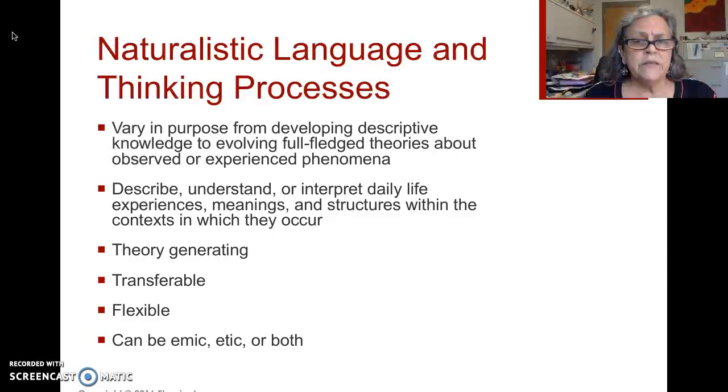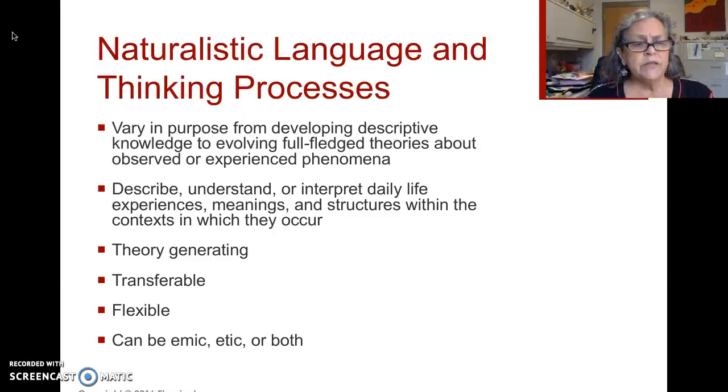In naturalistic qualitative research, this varies in purpose depending on the kind of descriptive design that you're doing and how you're moving from observed phenomena to full-fledged theories. They often describe, understand, and interpret daily life experiences and meanings, and so you can see why that might be important to OT.